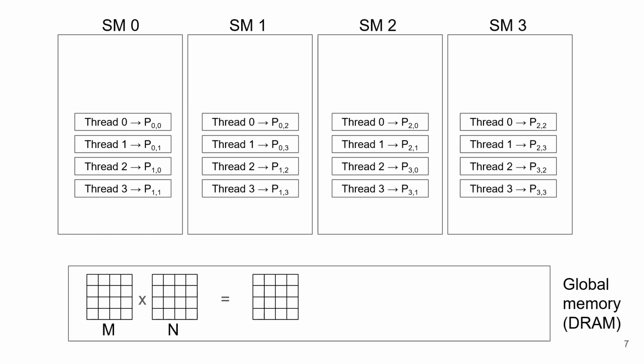As you can see, in each SM, threads are numbered from 0 to 3, because each SM only sees its own thread set. There are various ways to distribute threads on SMs. For example, we can assign all 4 threads on row 0 to SM0, or we can assign all 4 threads on column 0 to SM0. But as you can see in the figure, the 4 threads assigned to SM0 are P00, P01, P10, and P11.